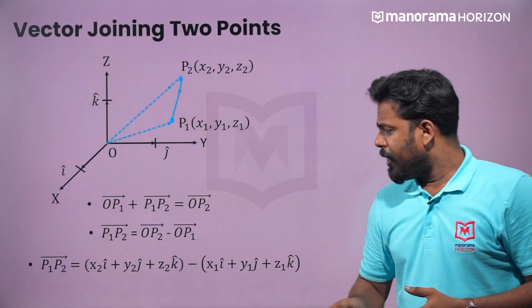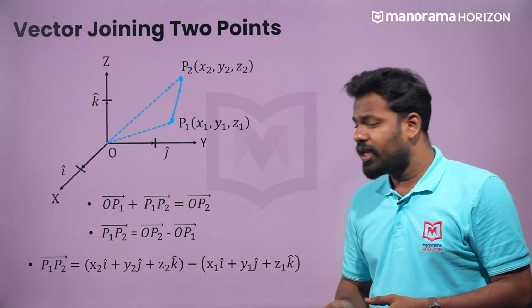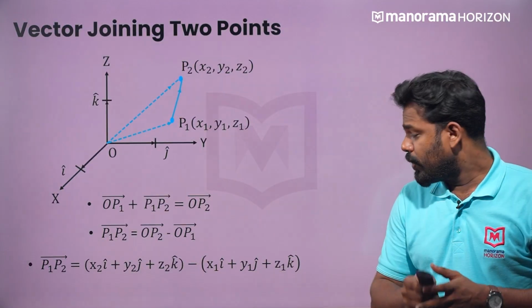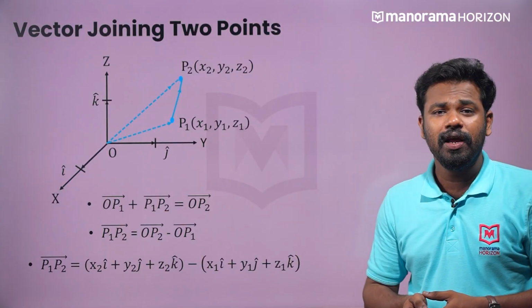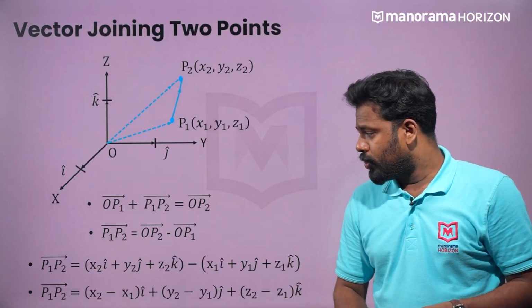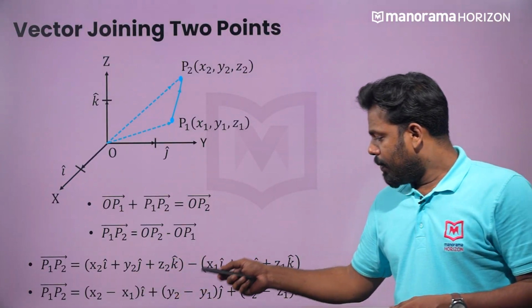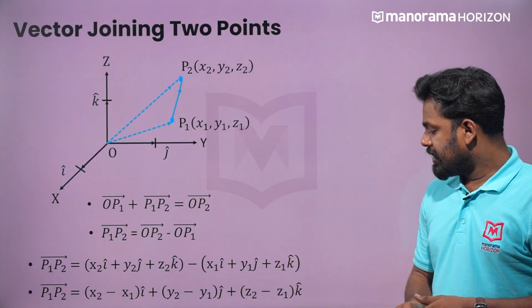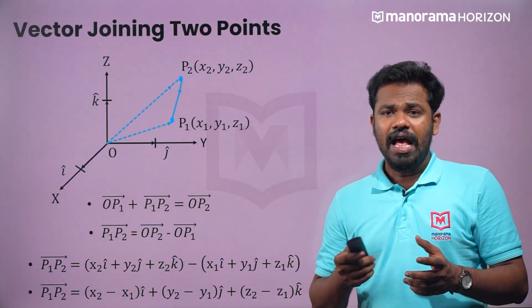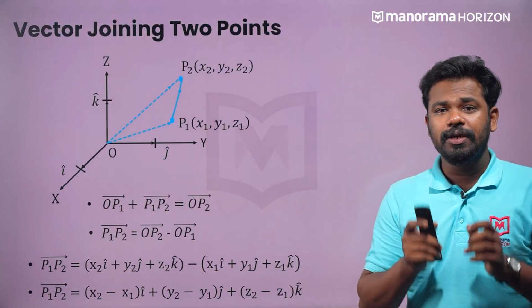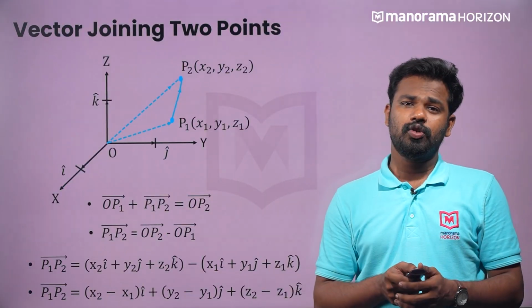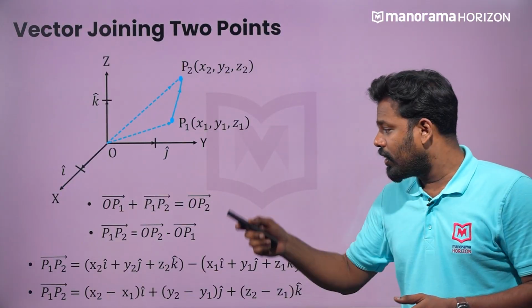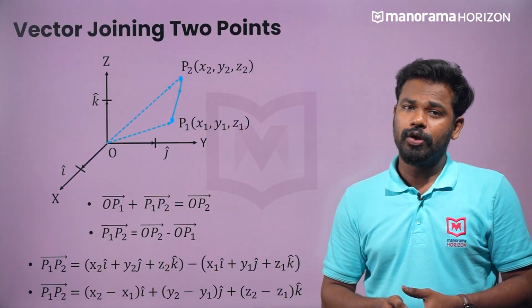Also, P1P2 is equal to (x2 i plus y2 j plus z2 k) minus (x1 i plus y1 j plus z1 k). This is also equal to (x2 minus x1) i plus (y2 minus y1) j plus (z2 minus z1) k. As you can see, P1P2 is obtained by subtracting the corresponding components. So we have used the components to find the vector P1P2.